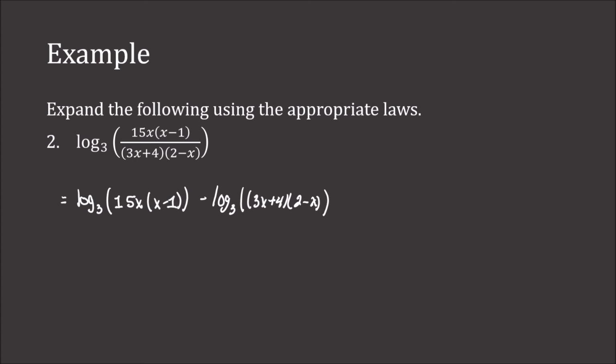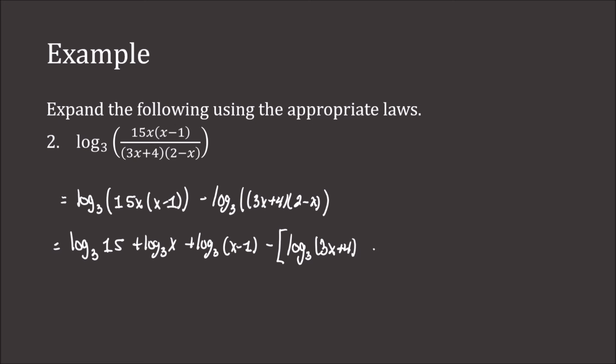So product law would now give us log base 3 of 15 plus log base 3 of x plus log base 3 of x minus 1, then minus, and now product law on that piece, log base 3 of 3x plus 4 plus log base 3 of 2 minus x.